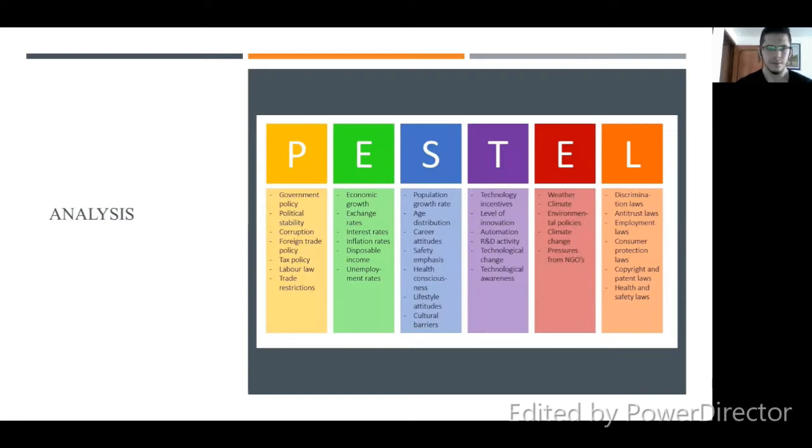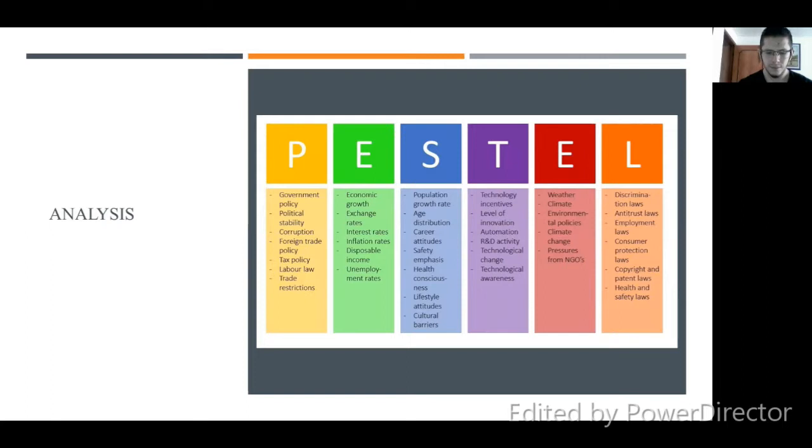So what do we mean with technology factors? So we have technology incentives, level of innovation, automation, research and development activity, technological change, and technological awareness. Of course, also these technological factors are not the same throughout the world, so you will have to be very careful.